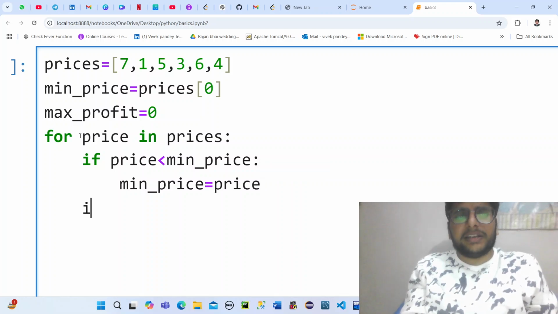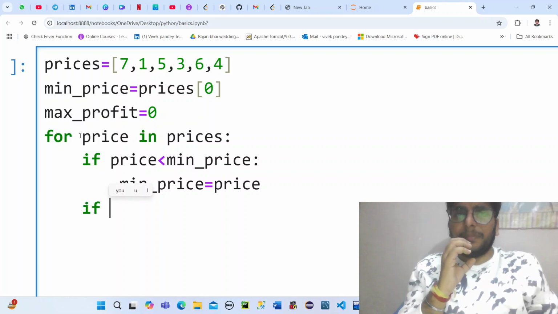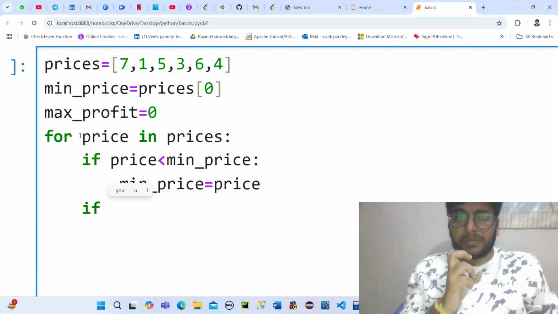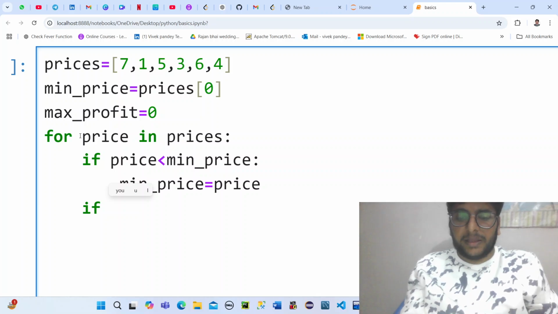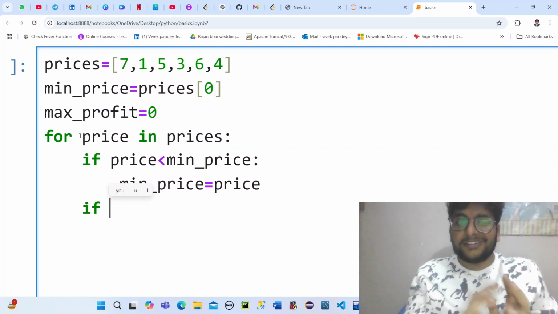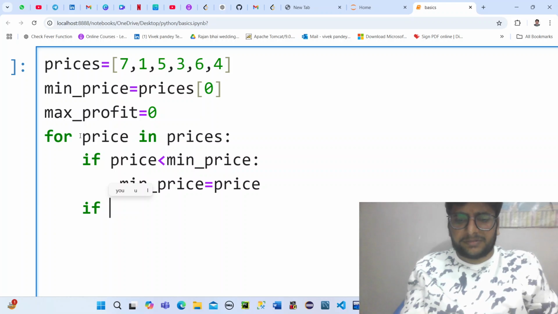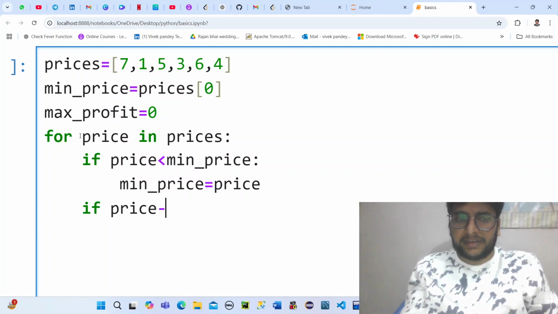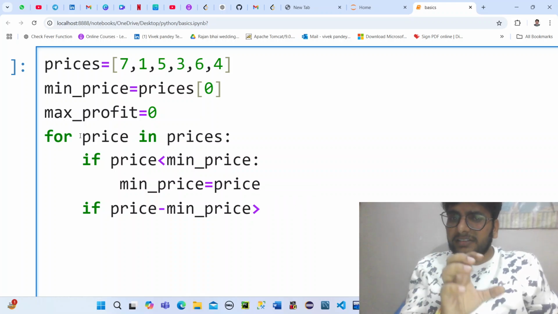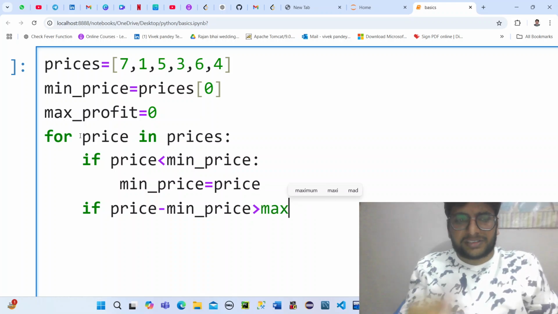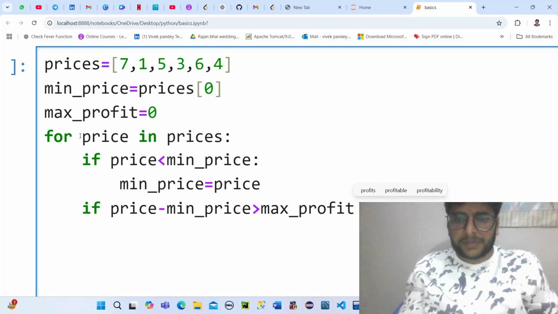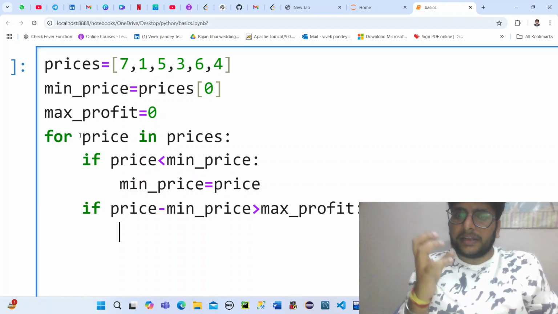Now one more condition we need to give is for maximum profit. How we can calculate the maximum profit is we need to compare. Yes, comparison should be there. First is price minus min price. If this is greater than max profit, obviously at the start it will be greater, then colon, and I need to update.